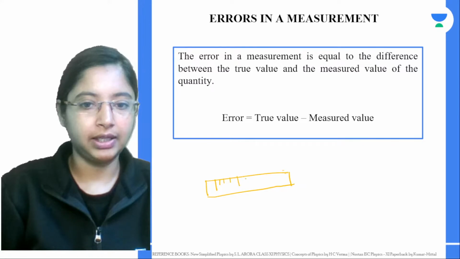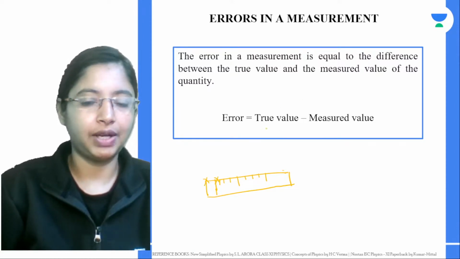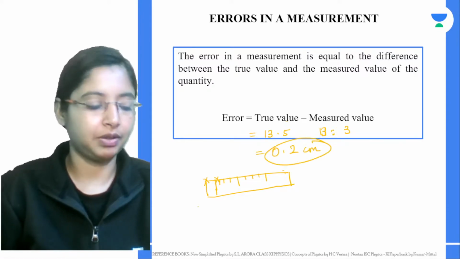Let's say instead of starting from this point, you started from this point, and you measured it as 13.3. Then there is an error of about 0.2 centimeters. Now that becomes your error.